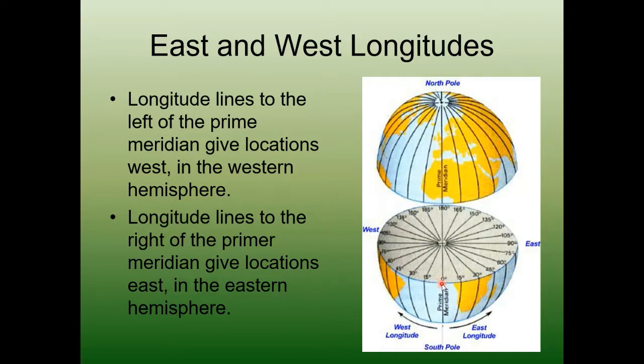Okay, so you're starting with 0, and here's that angle from the center of the earth. Longitude lines to the left of the prime meridian give locations to the west, and longitude lines to the right give east.